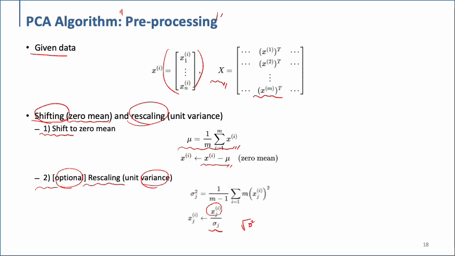That is the standard deviation. So by dividing the original data by the standard deviation, you rescale the data so that the variance becomes unit, or 1.